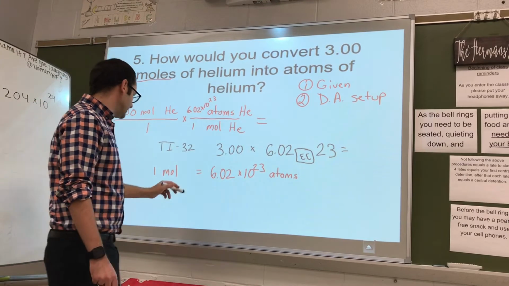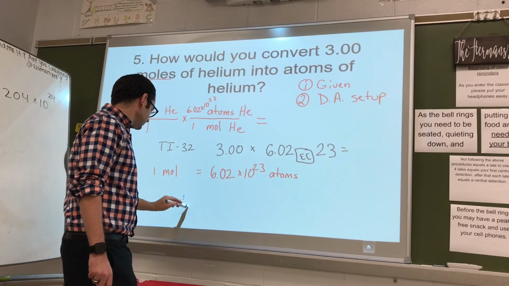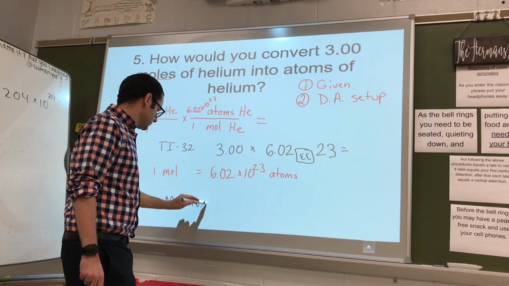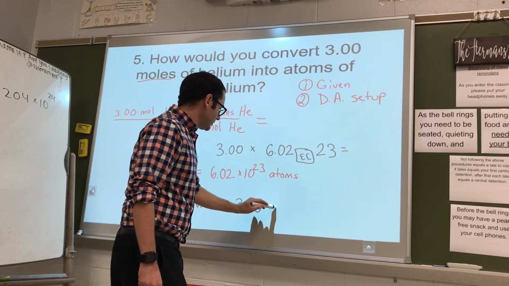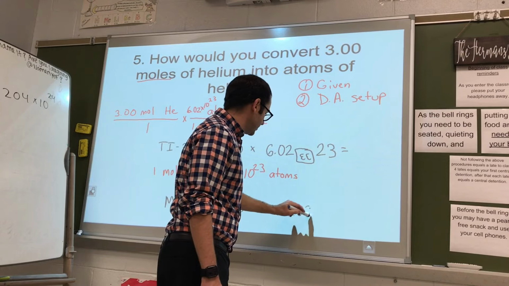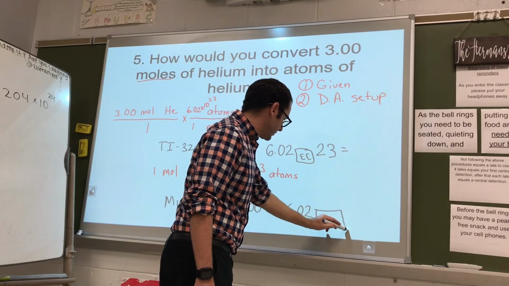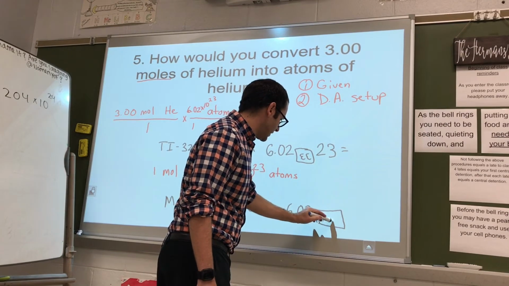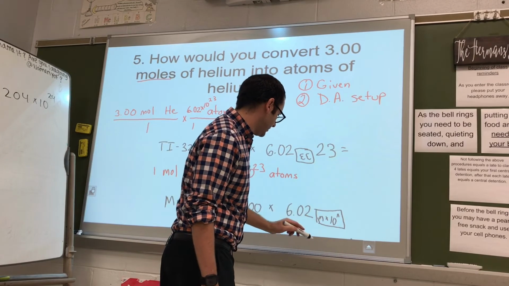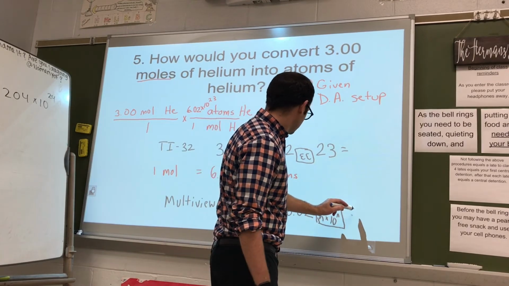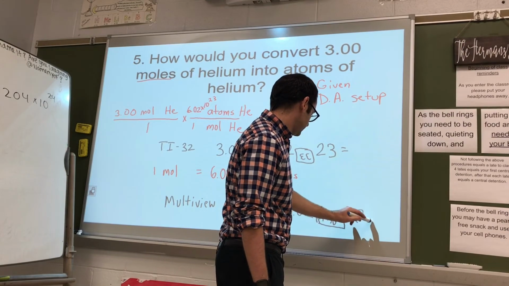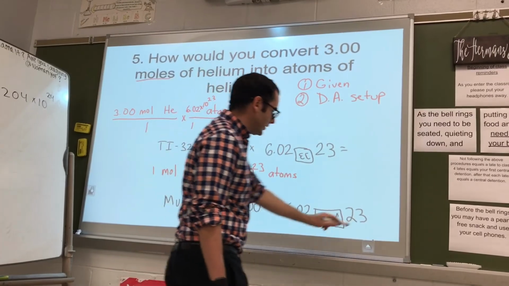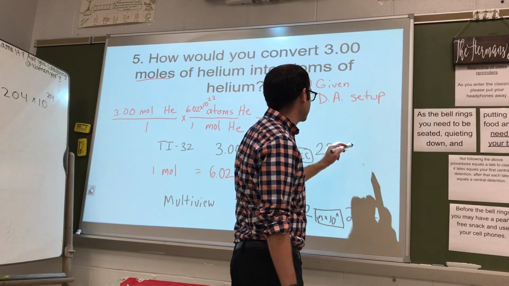If you have the MultiView, you're going to want to do 3.00 times 6.02, find the button that has an N times 10 with a caret, and then you type in a tiny 23. And then you hit enter, and hopefully we'll get the same answer.